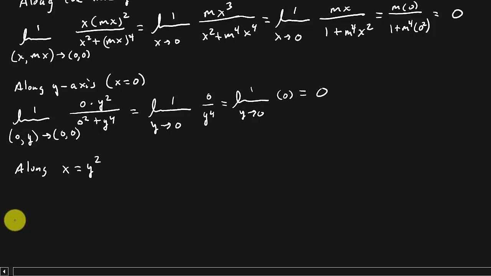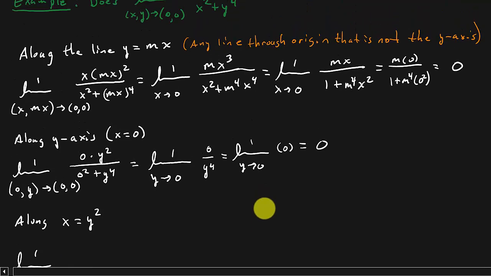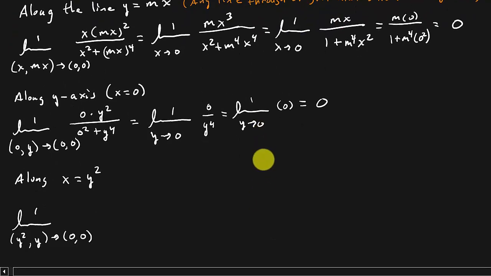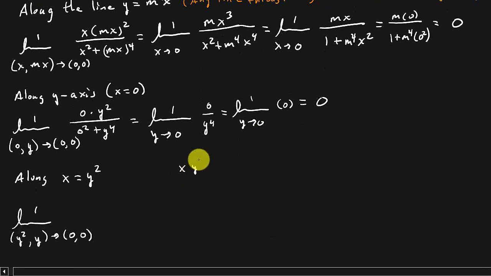So this is the limit as (x, y), but what is x? X is y squared, that goes to 0, 0. All right, so let's write this down: xy squared over, what was it? x squared plus y to the fourth.